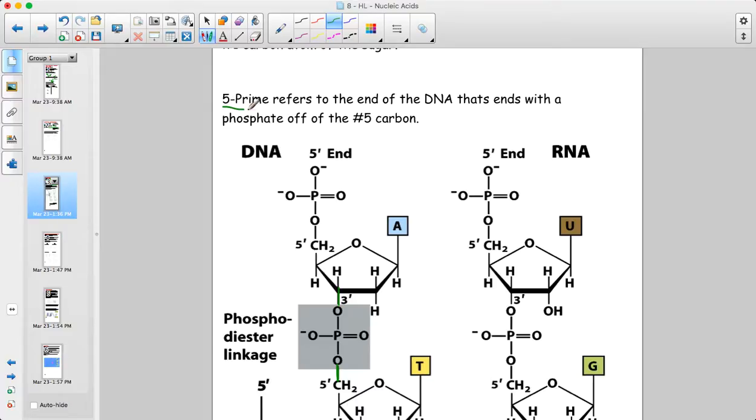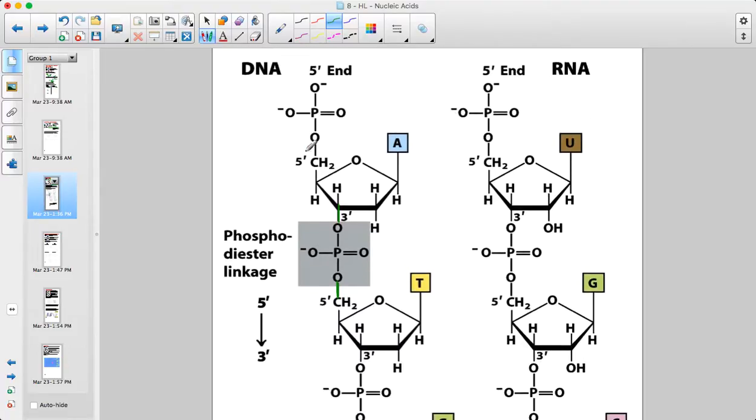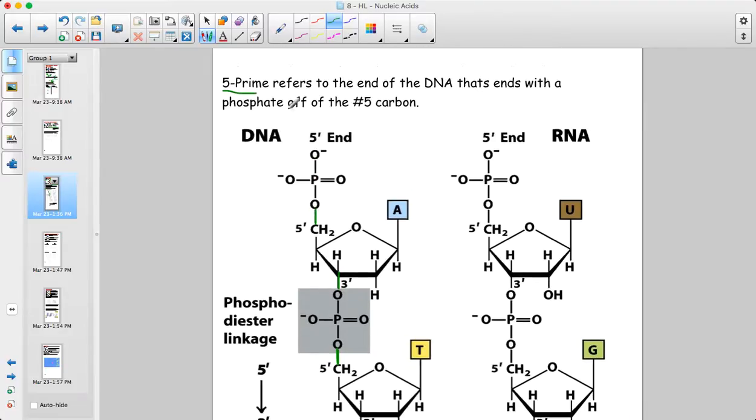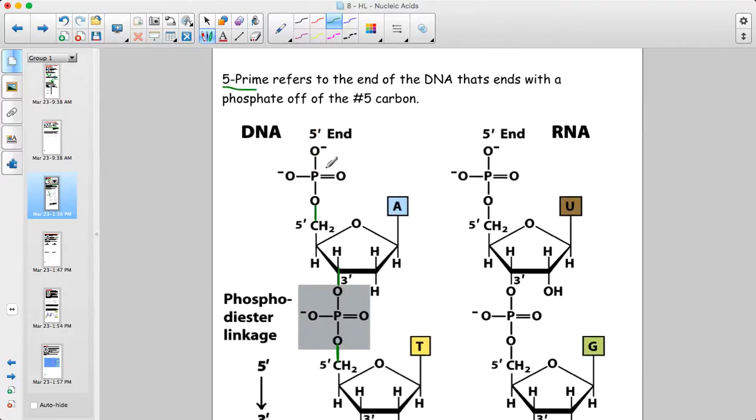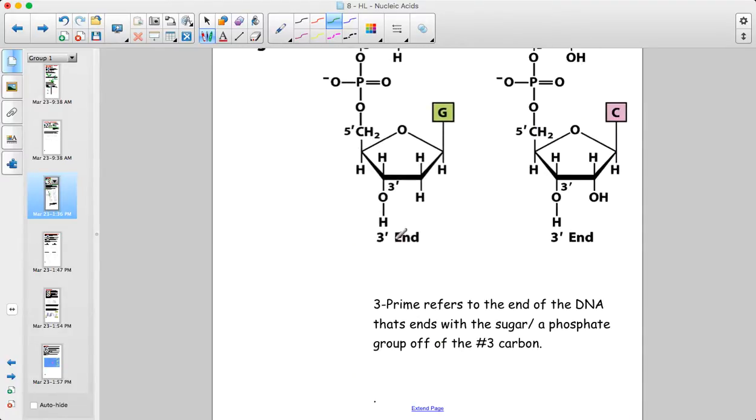Sometimes you hear DNA referred to as 5' or 3', having different ends, and that simply refers to that number carbon. So if you are at the end where you end near the number 5 carbon, then that's the 5' end of DNA. That's where that name comes from. And if you're at the 3' end, then you're near the number 3 carbon end of the chain, whether that's a phosphate group here or it's just the last sugar.